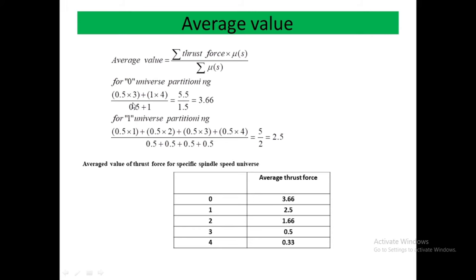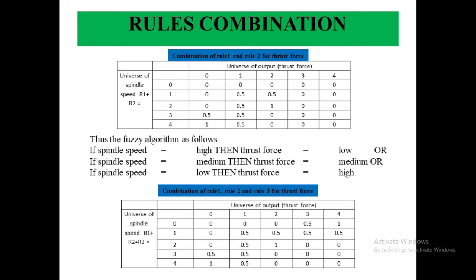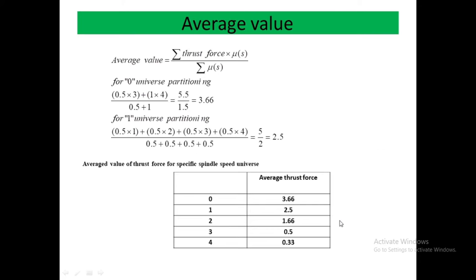Here 0.5 happens with the third, and 1 happens with the fourth. So 0.5 into 3 plus 1 into 4 is the sum of thrust force into mu of s. So the third term 3 is the mu of s, 4 is the mu of s, because I next the discrete inverse partitioning numbers 3 and 4.